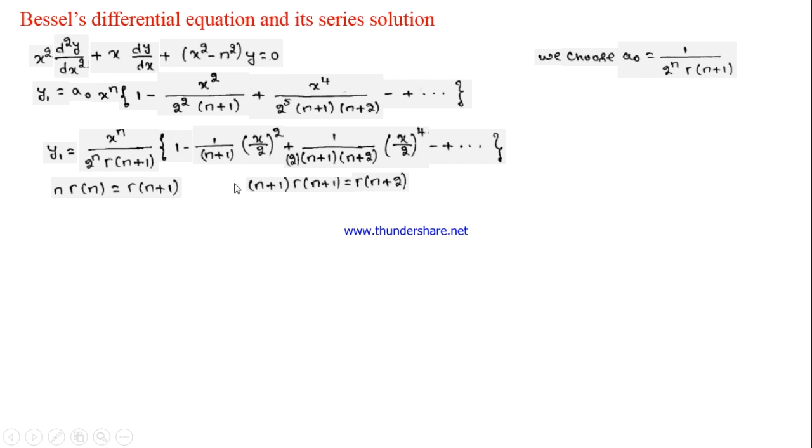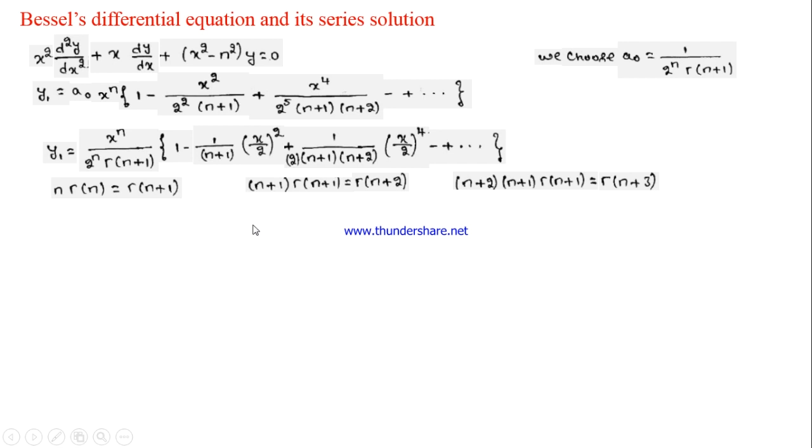So this can be used for the second term, because gamma of n plus 1 is multiplied to n plus 1, that can be written as gamma of n plus 2. In the same lines, gamma of n plus 1 into n plus 1 is gamma of n plus 2, and that is multiplied by n plus 2. That gives what? Gamma of n plus 3.